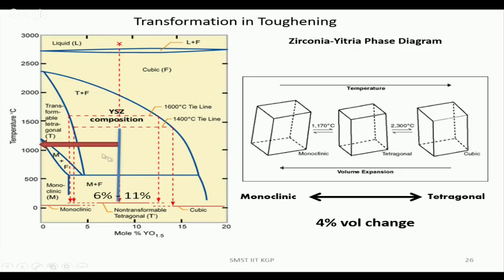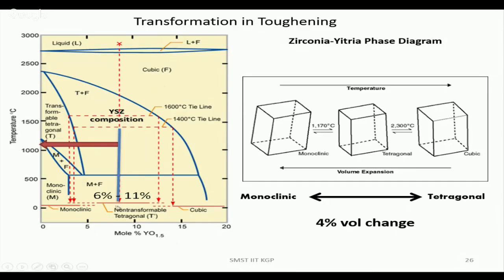Okay, so that is why ceramic engineers dope some percentage of yttria. As you dope the yttria, this phase diagram says that the tetragonal phase region is coming down, and even monoclinic also is coming down. So if you cool down this material while you are processing or sintering it, and if you can quench it, eventually you get cubic.